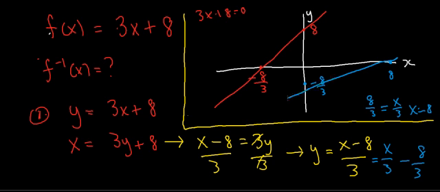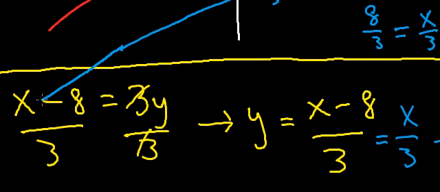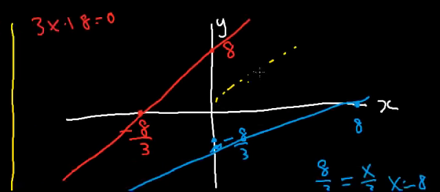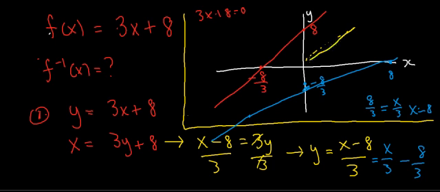shoot, I missed it, but okay. What you notice about these is that if you continue joining, they'll intersect at one point, and the inverse function is simply a reflection of the graph in the line y equals x.